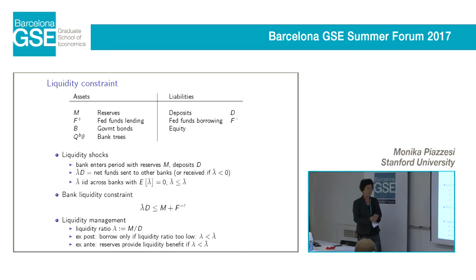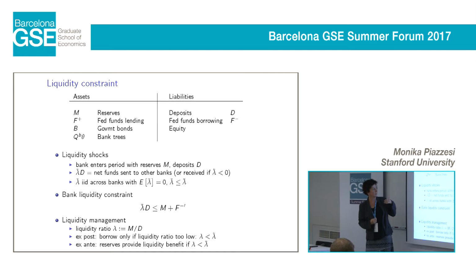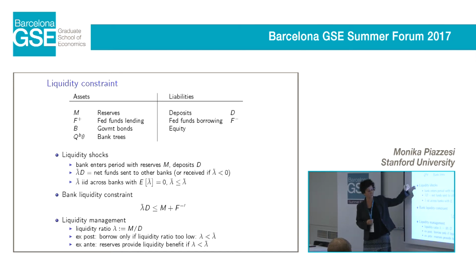And so this goes back to your question about the difference between reserves and Fed funds lending and borrowing. These banks will get hit by liquidity shocks. They enter the period with reserves and deposits, and then a shock hits them. There's some amount of net funds that they have to send to another bank.